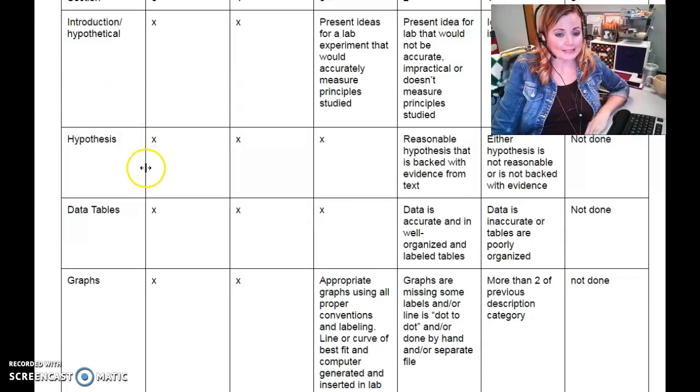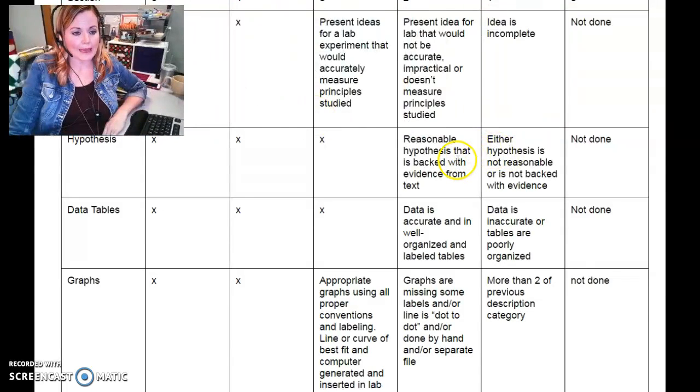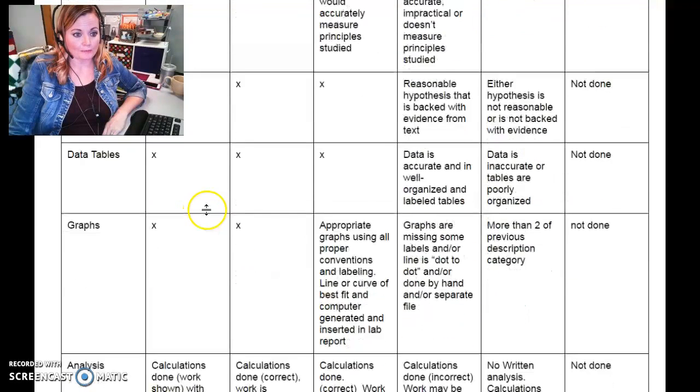Remember, to get full points on that hypothesis, you need to back it with evidence from the text. For example, if you are talking about conservation of energy, you may want to look up the law of conservation of energy and cite that as an example when you're looking at total conservation of energy in this particular experiment.